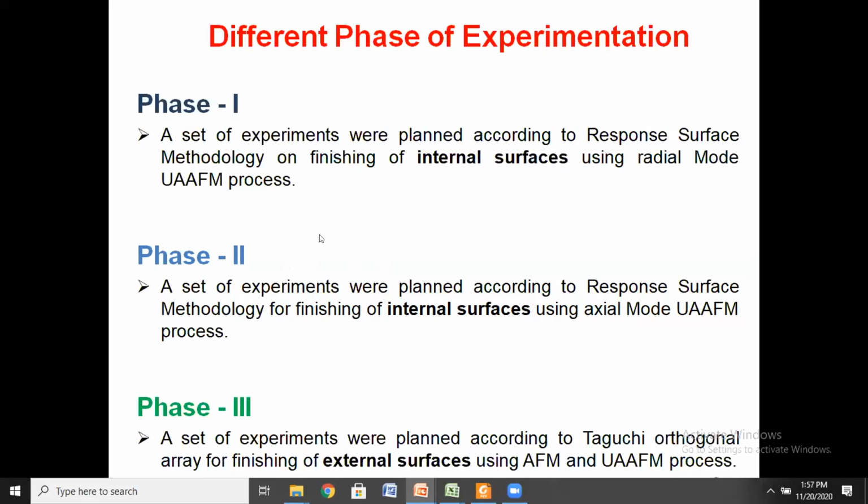In that case, you have to minimize the number of experiments by choosing alternative methods like RSM, Taguchi, and other methods. Depending upon the availability and the process, we have to choose the suitable one. Based on my literature, my experimental conditions, and my objective and problem, I have divided my work into these three phases.